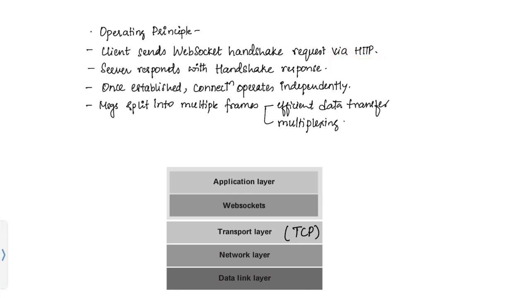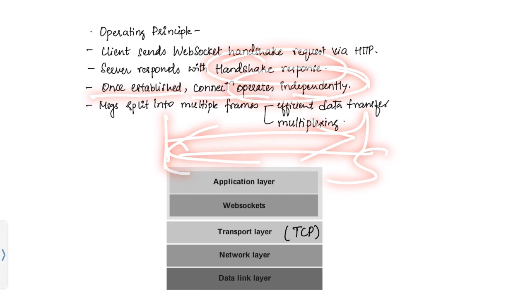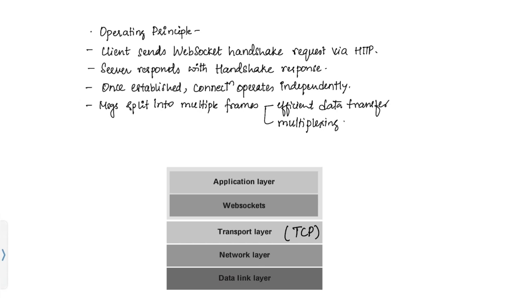Next, the server will respond and provide an HTTP response. Once the client and server link is established, the connection operates independently of the HTTP protocol. So here messages can be split into multiple frames for efficient data transfer and multiplexing feature.